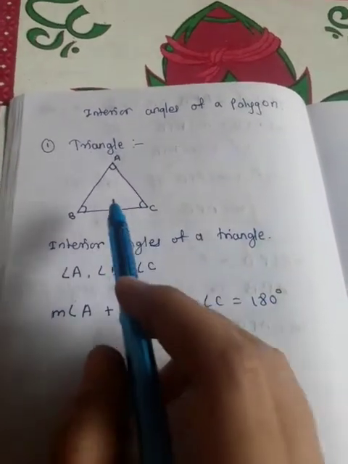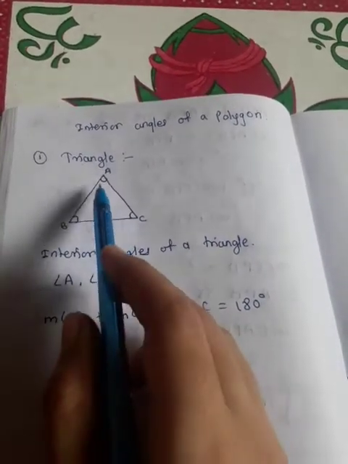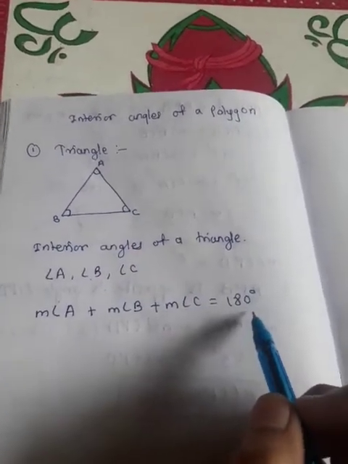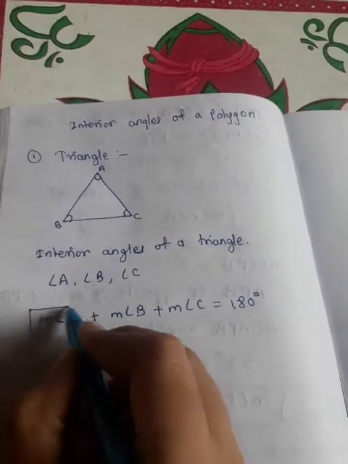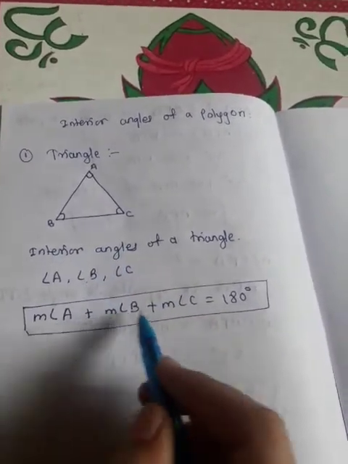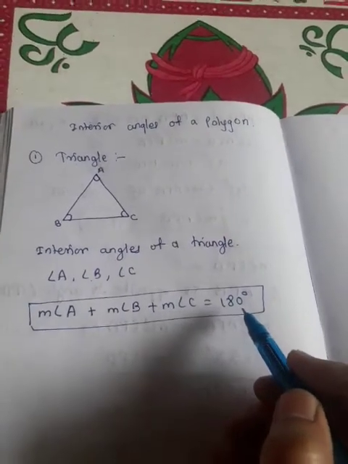So here, the measure of angle A plus the measure of angle B plus the measure of angle C is equal to 180 degrees. This is the first property about interior angles: the sum of the interior angles of a triangle is 180 degrees.